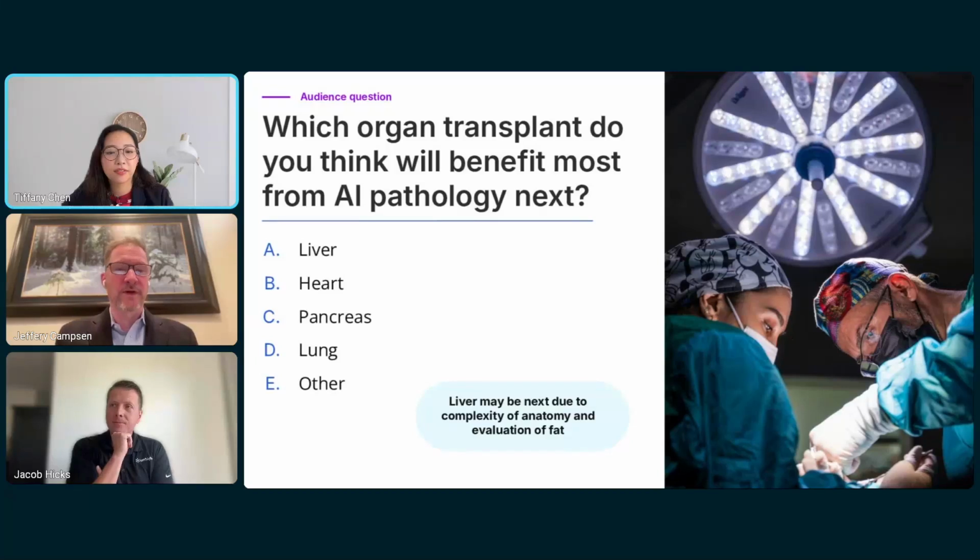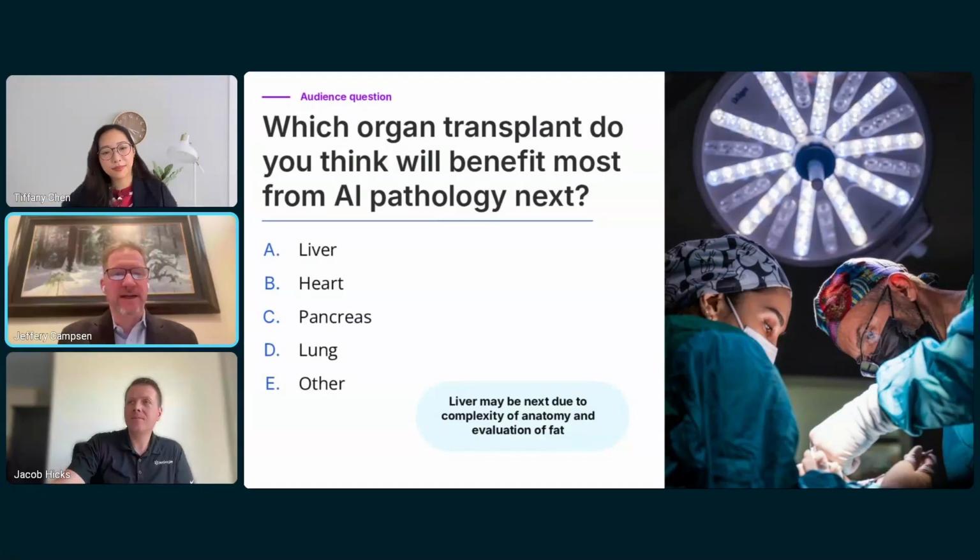Right. So what we would like to look at next is liver. The difference between organs is vast. And with liver, as far as relation to organ donation and transplant, it's the amount of fat that's in the liver. And if there's too much fat, the liver won't actually be able to be transplanted.